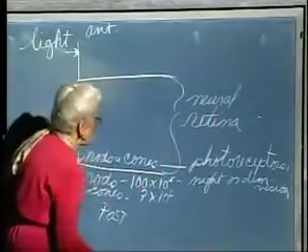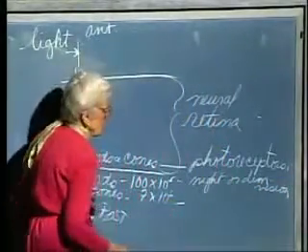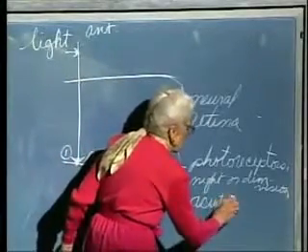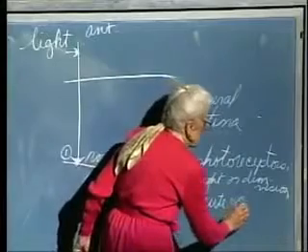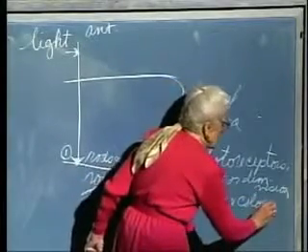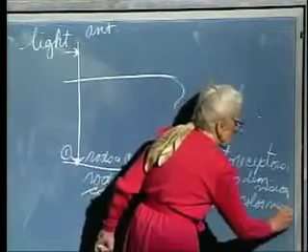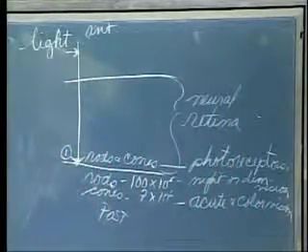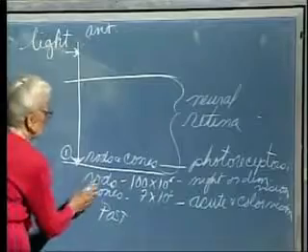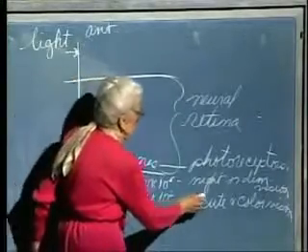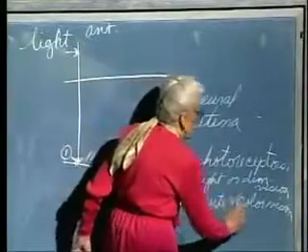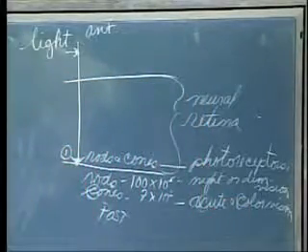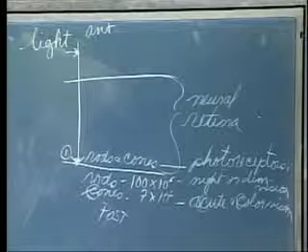Why do you have cones? Acute vision. And color vision. How do you remember which is which? Cones begins with a C, acute, a C, and color, a C. All right? Just because frequently it makes it easier for you.